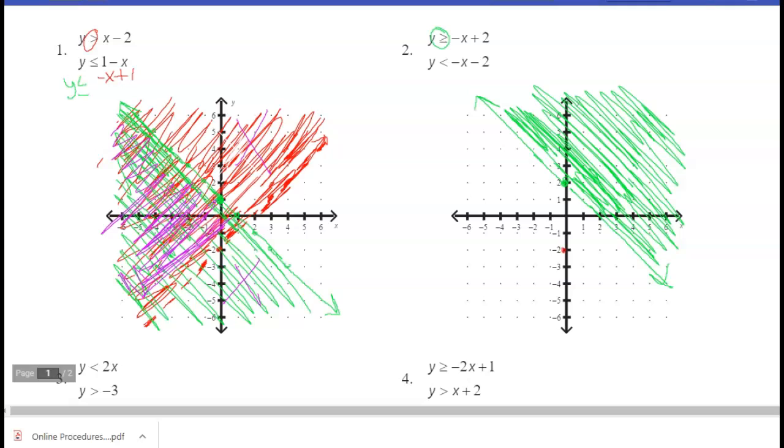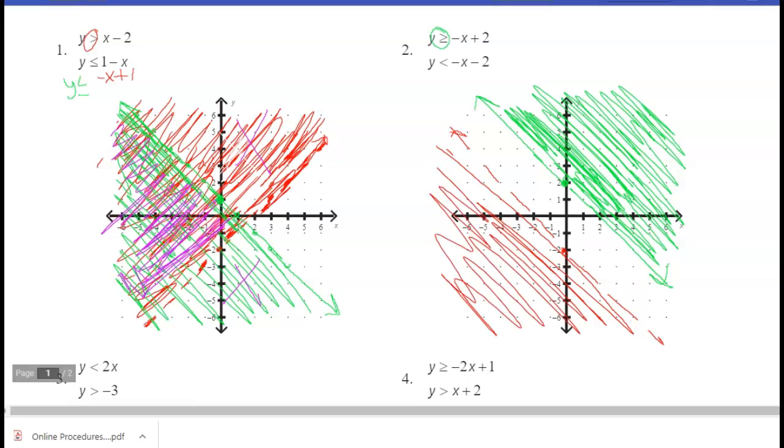So I come down here, and this is a dotted line. You'll notice they never intersect. So this is a no solution because they never share anything in common. There's no purple area that I could have shaded like I did on number 1.